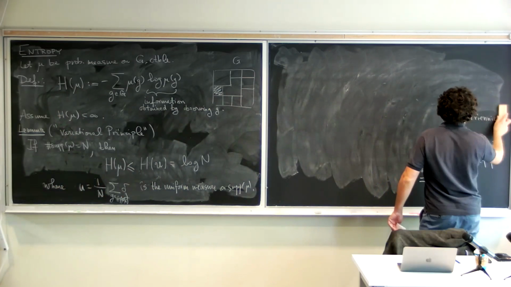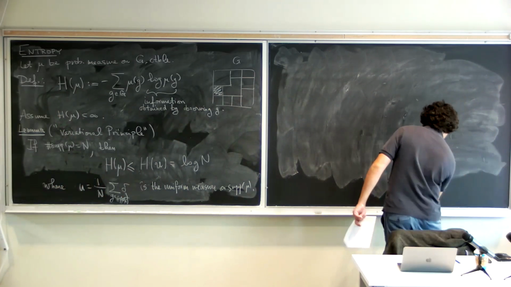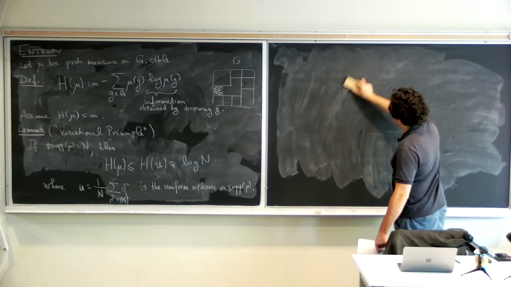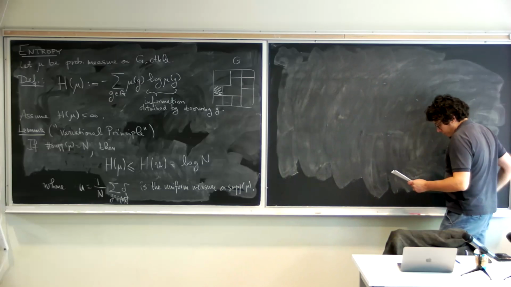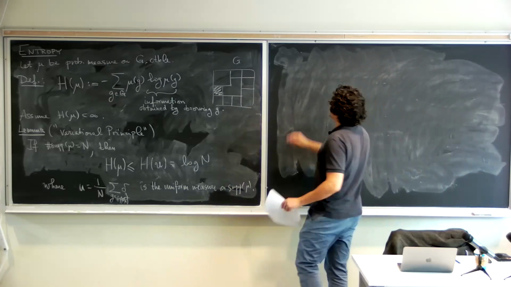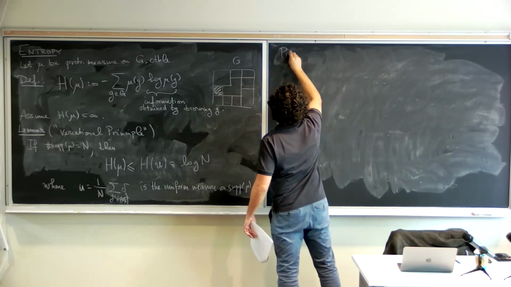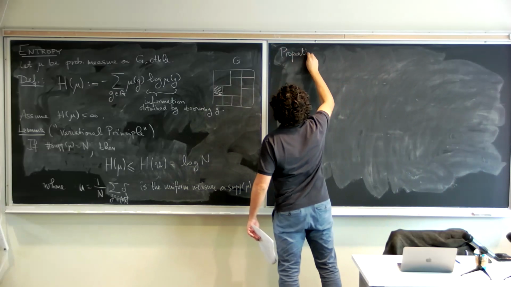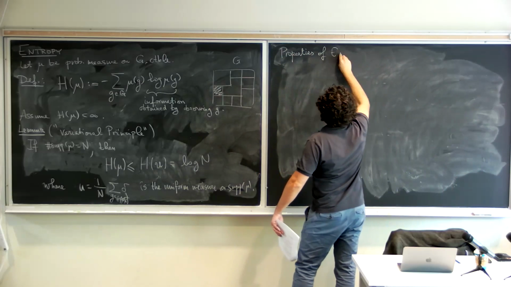So the proof of this we saw is just a classic convexity property, or Jensen's inequality. So the other properties of entropy.